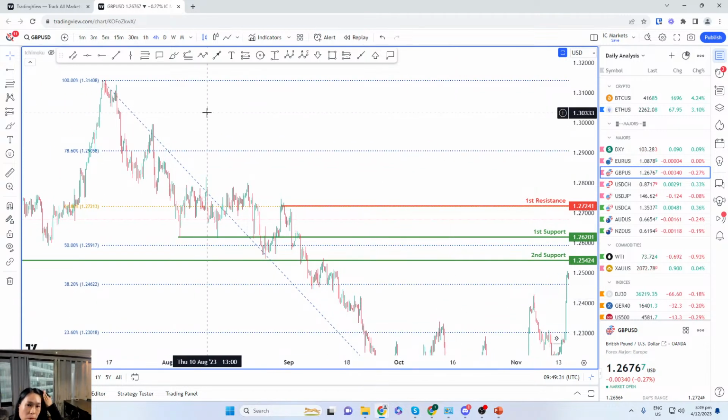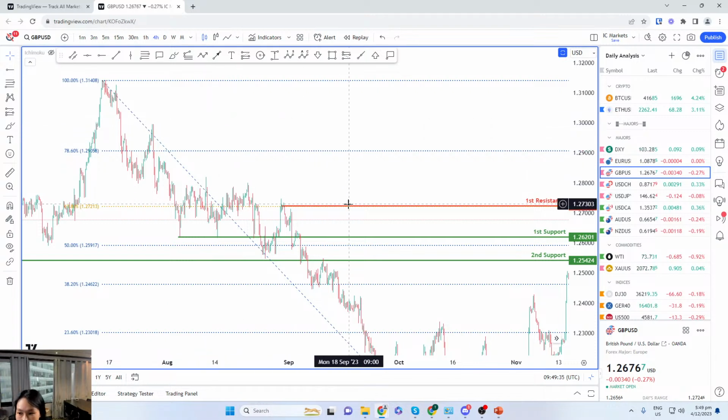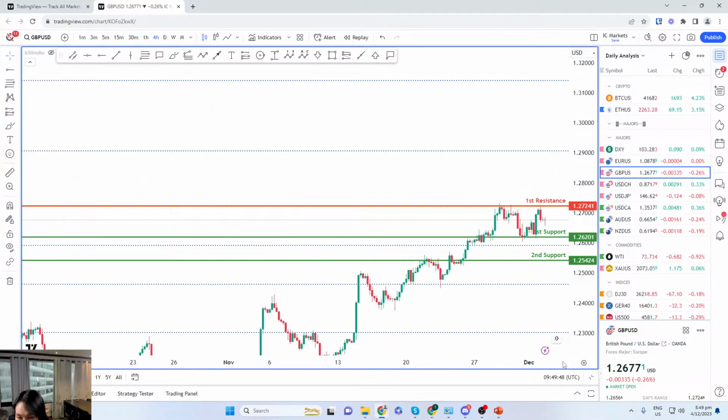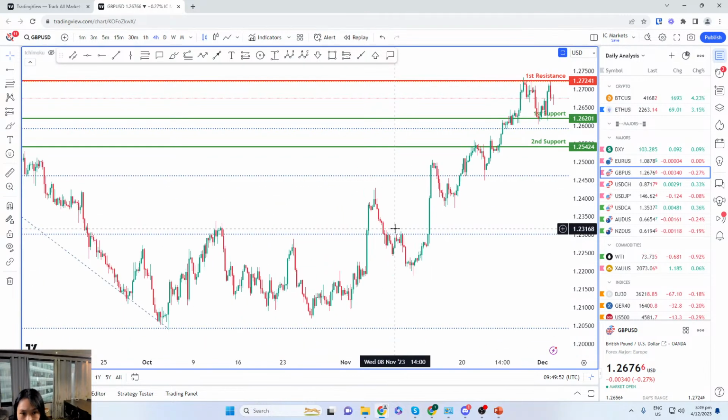And I just drew the Fibonacci retracement level. You can see that the first resistance level actually aligns with the 61.8 Fibonacci retracement level. Let me make it smaller, adjust the chart a little so it's easier for you guys to see.